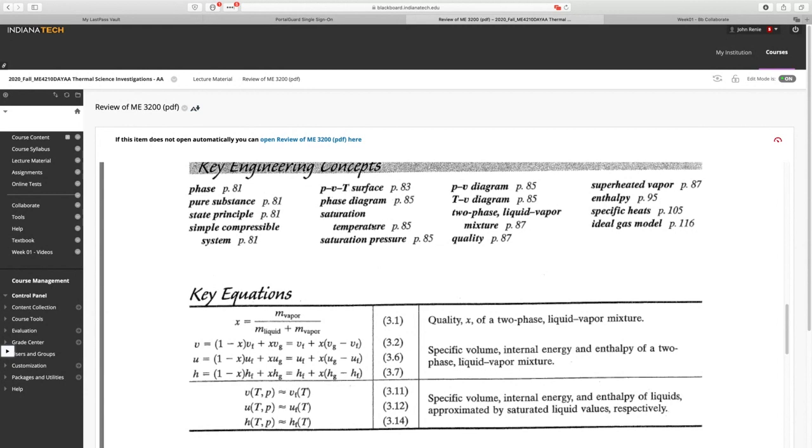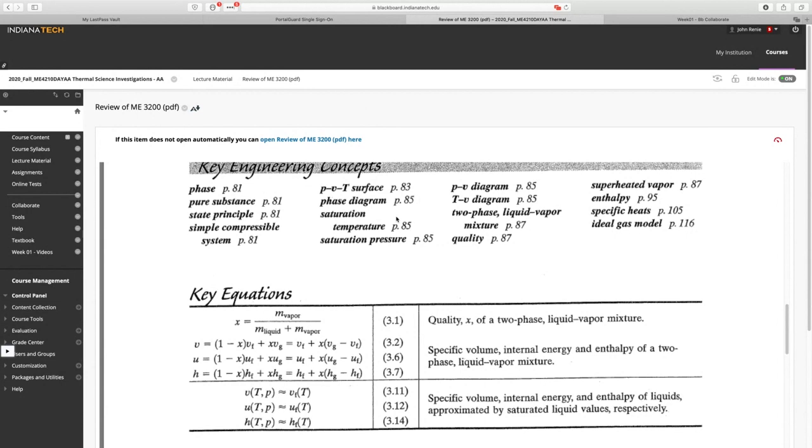Phase diagrams, we'll be looking at the phase diagram associated with various pure substances. The phase diagram then will dictate which phases are present at a given thermodynamic equilibrium point.